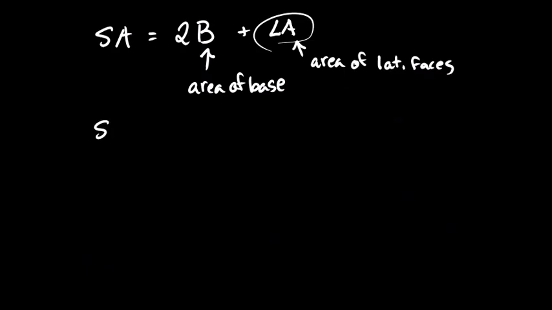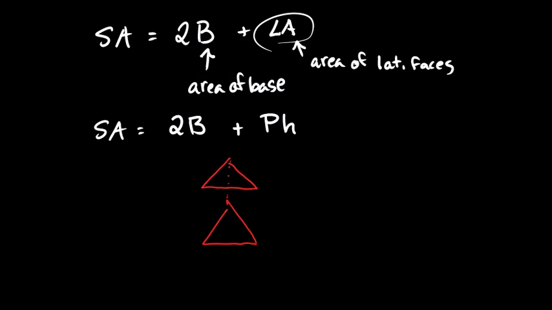So another formula that they give you is the surface area is 2 times the bases again, plus the perimeter of the base times the height. And the reason that they give this to you is, let's go ahead and look at a triangular prism here. Alright, here is a triangular prism.